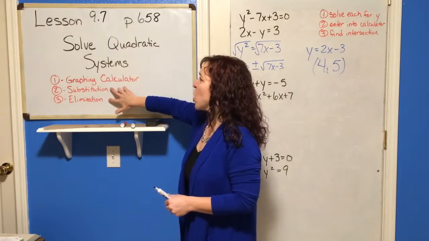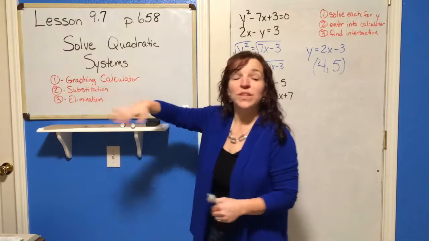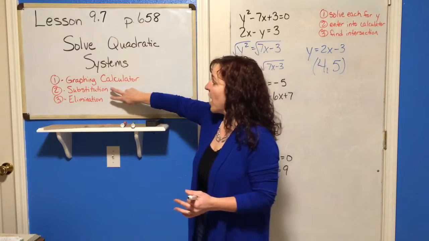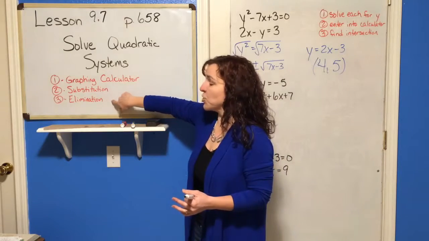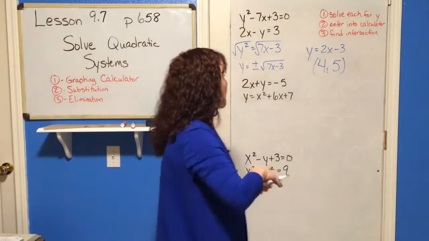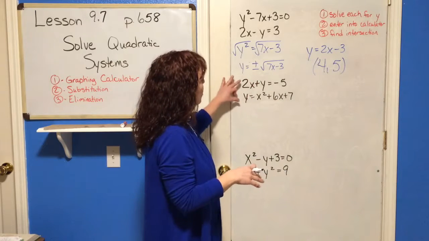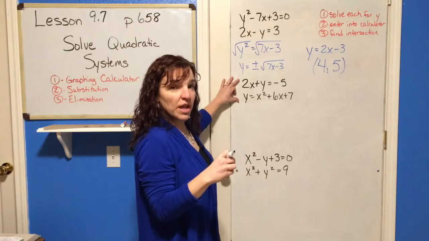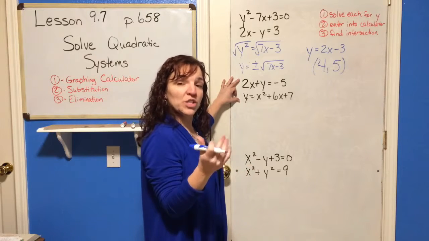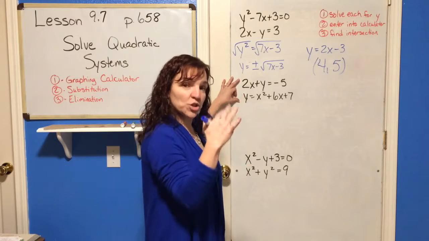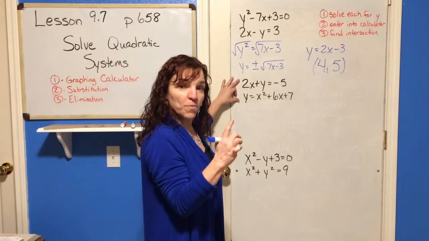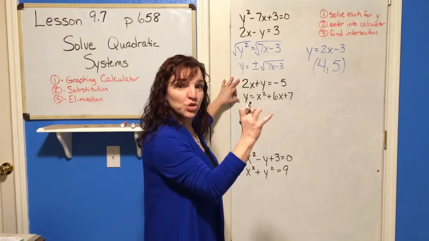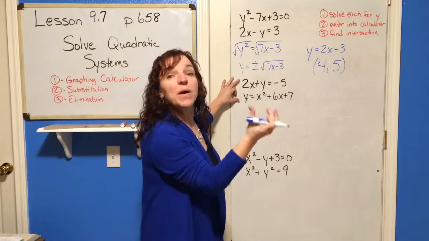There are 2 other ways to solve quadratic systems, and you've solved linear systems with them already: substitution and elimination. Let's jump right in with this system of equations and use substitution. Remember, with substitution, you solve one of the equations for one variable, and then use the resulting expression as a puzzle piece.